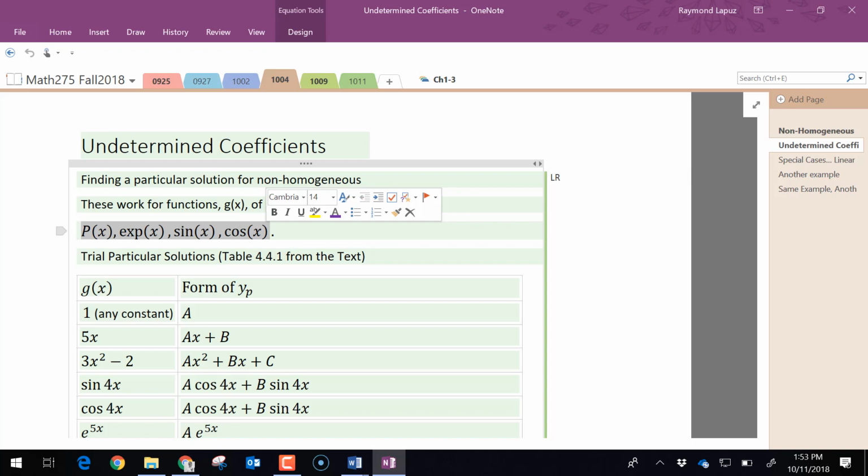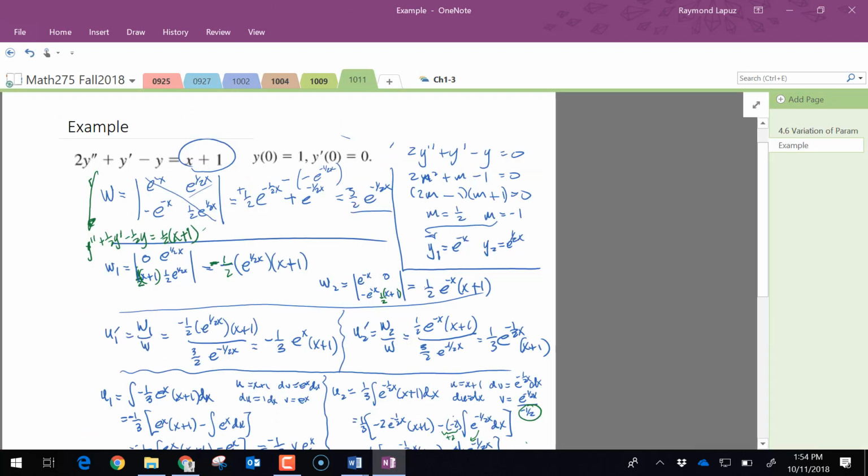But if it's multiplied like x times e to the x, then you can't use this anymore. You have to use the other one. This other one is more versatile, but you can see how much more difficult it is when we have the other easy ones for special cases. It's still worth learning because it's way easier.